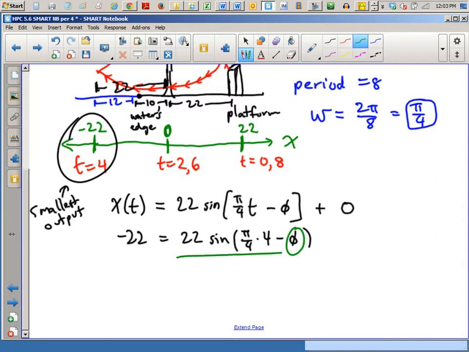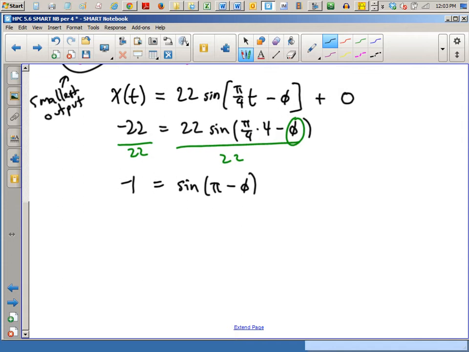Let's divide by 22, and we get negative 1 equals sine of (pi minus phi). We can do our inverse, or some people call it arc sine. But we did this earlier, and we learned that this is just negative 1.57, which we interpret to mean negative pi over 2.